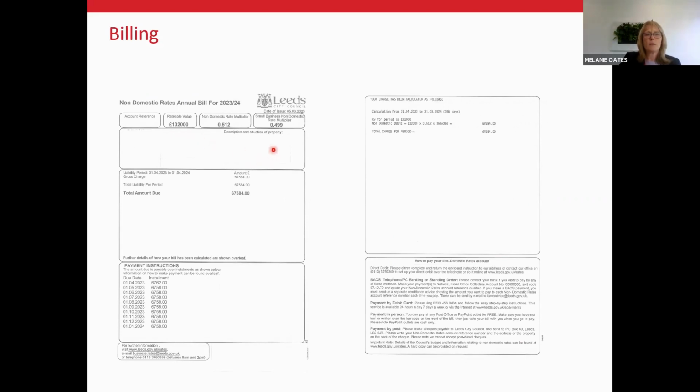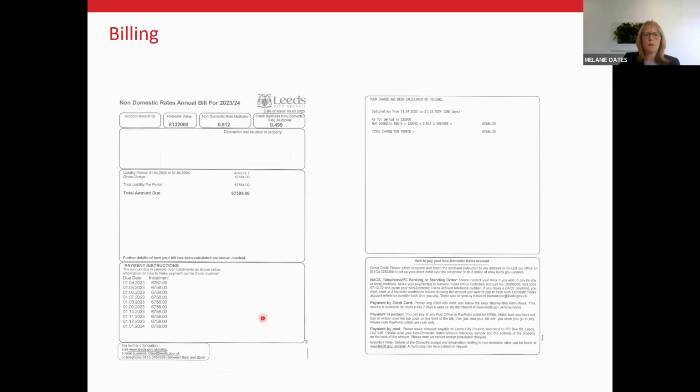The bill sets out the two multipliers, but what we'll see on this side of the bill is that the rateable value times the 0.512 multiplier gives a liability for the year of £67,584, and that is the calculation of the bill. So simple elements there on the bill. This is a fairly straightforward bill, just the RV times the multiplier.